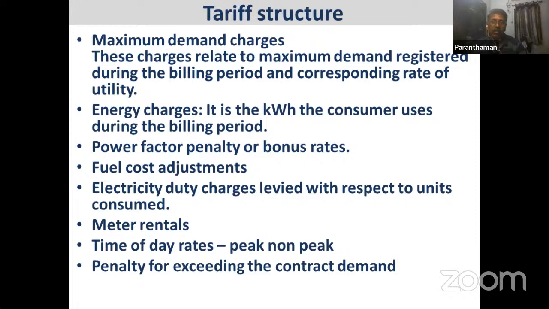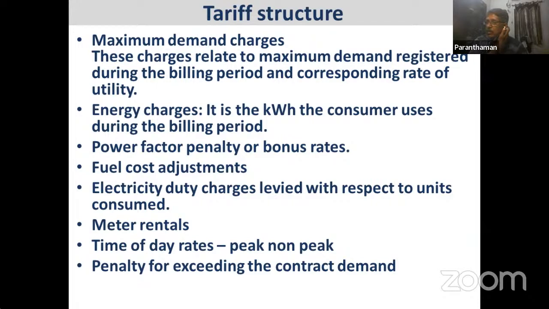They will be paying some rupees per kVA as standard charges per month. If they go beyond 100, say they go to 110, they will be penalized for that 10 kVA. Penalty means it will be in the order of double the amount of regular charges.